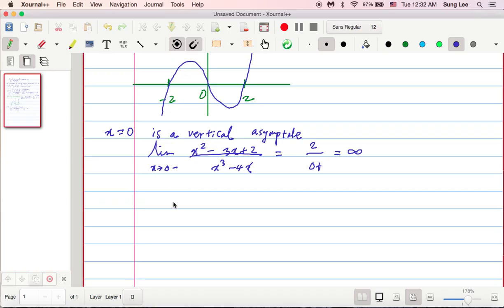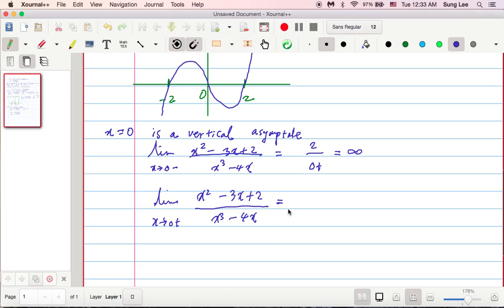Okay, but again, we also want to calculate limit of x squared minus 3x plus 2 over x cubed minus 4x when x approaches 0 from the right side.